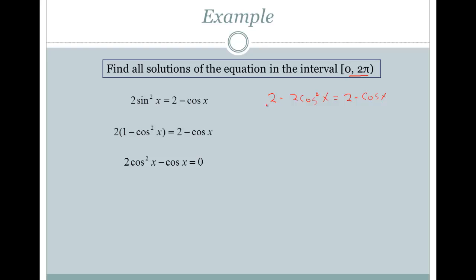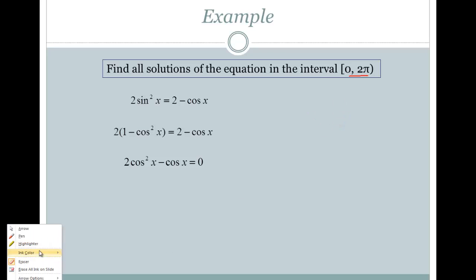Obviously the 2's are going to cancel like that. Let's bring this term to the other side, and that's where I got this term right here. At this point I can factor. Let's factor a cosine out of this.